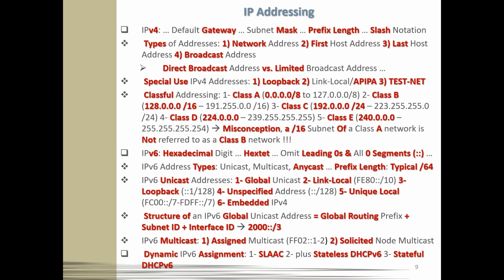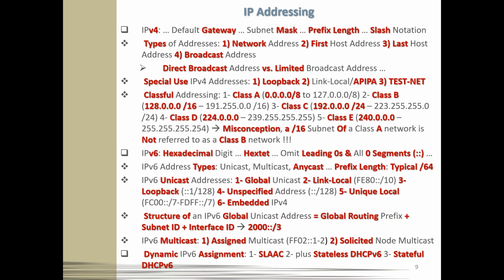In this category, we have well-known multicast addresses, and they have the prefix FF00::/12, and they're equivalent to IPv4 well-known multicast addresses that we used to have in the range of 224.0.0.0 to 239.255.255.255.